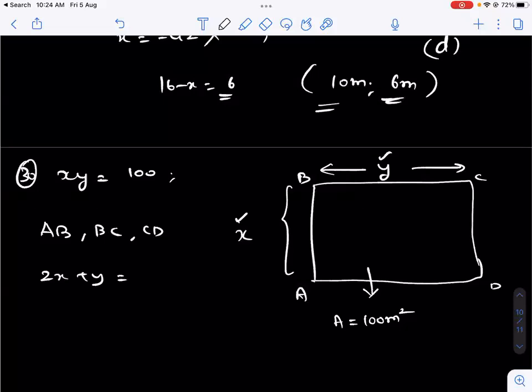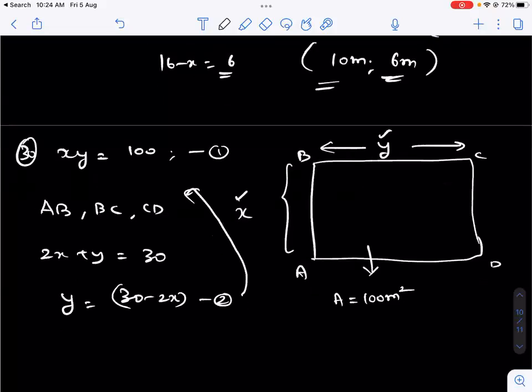So how much is the wire he has? 30. So out of the 30 meters, he is able to cover only x, y and another x. So 2x plus y will be equal to 30. So what is the value of y? 30 minus 2x. Let this be 1. Let this be 2. Take 2 and substitute it in 1.